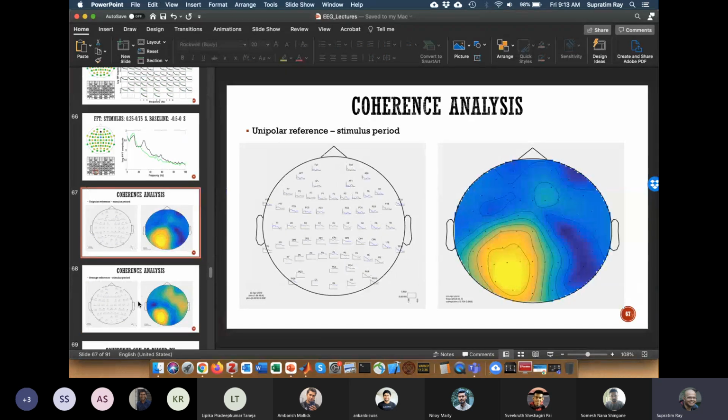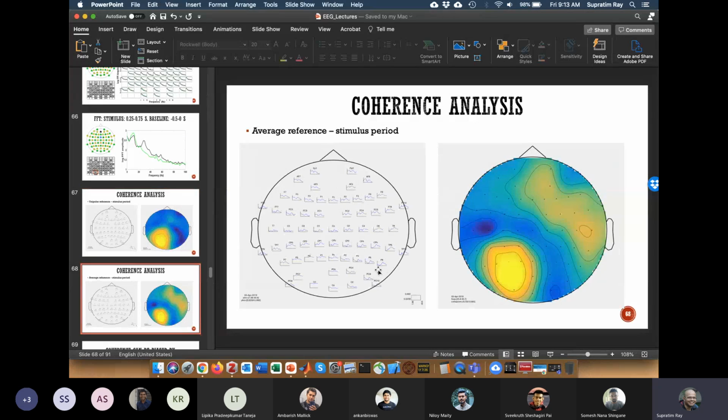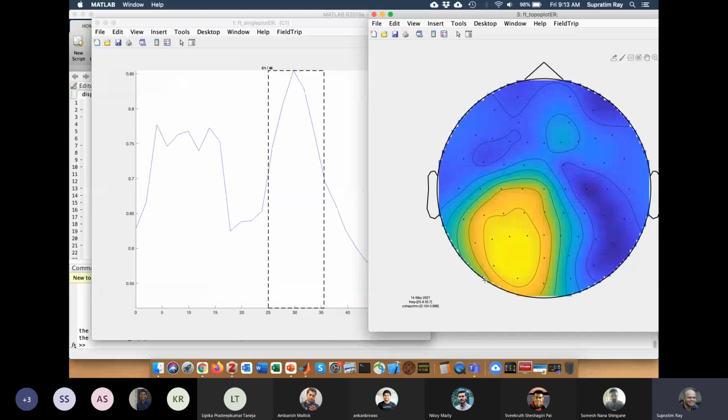And if you chose average reference, then you would end up getting this plot. So this is how gamma power is distributed. Gamma coherence is distributed along the scale. Okay, and this is a common problem that even after average referencing, you'll end up getting a lot of similarity at nearby electrodes wherever you are starting from, just because of some common signal that still didn't get cancelled out.